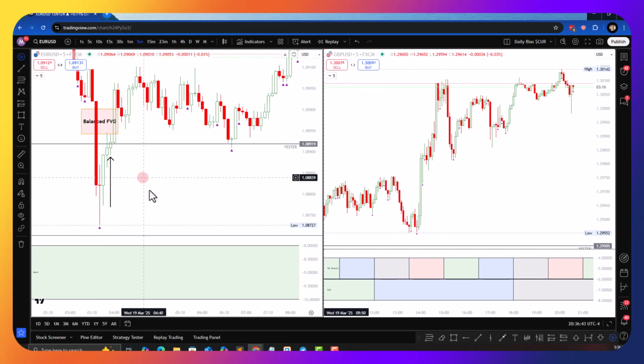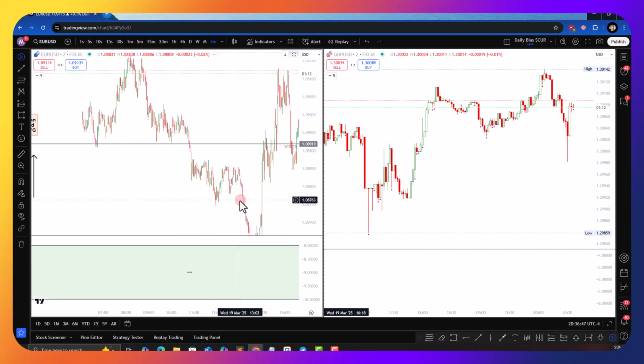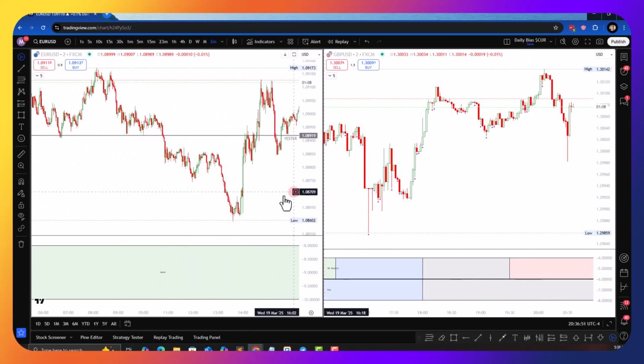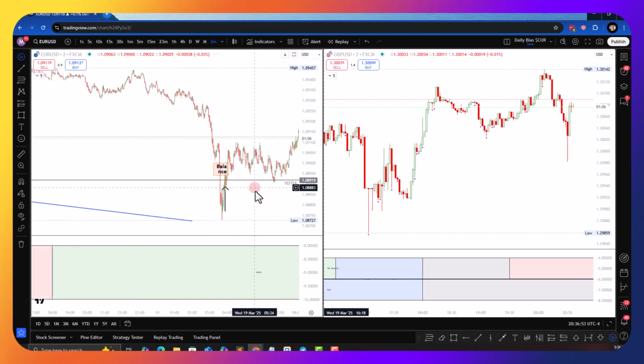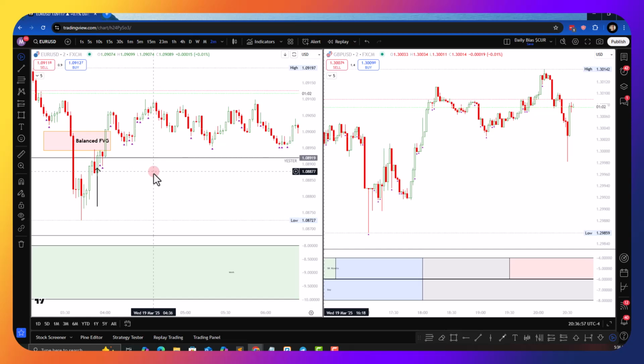So it doesn't have to be on the 5-minute. We could drop down and refine this to see on the 2-minute. Let's just see if we find a better entry. Okay, so we have a fair value gap here. This isn't really a balanced fair value gap from what I see.